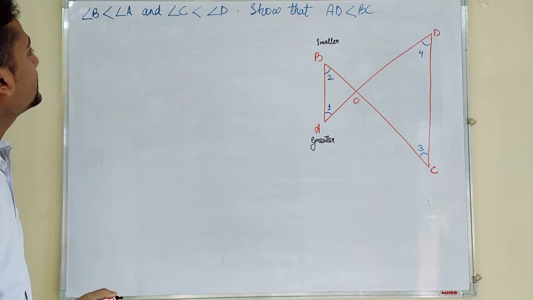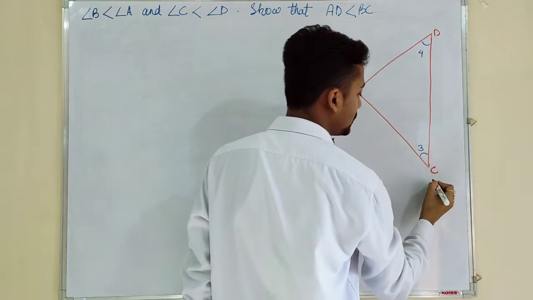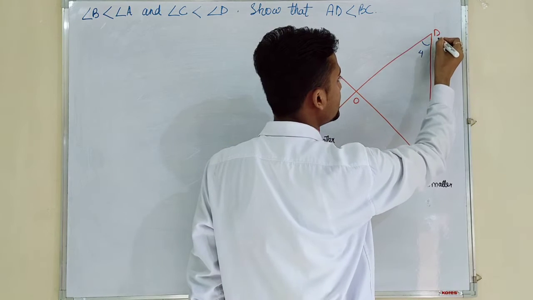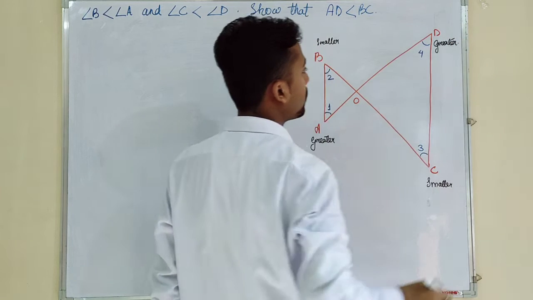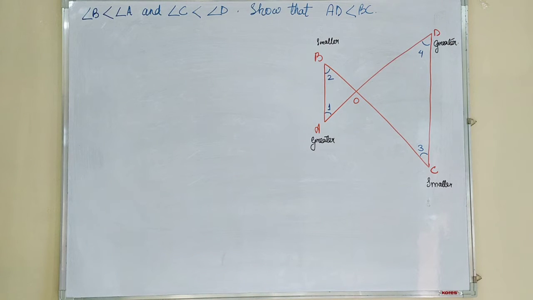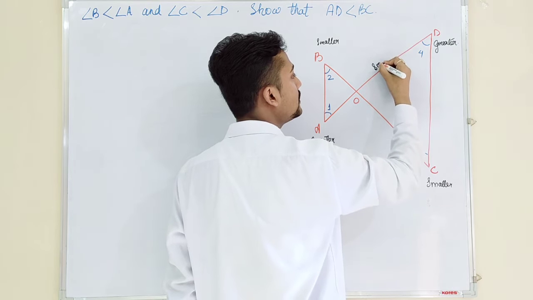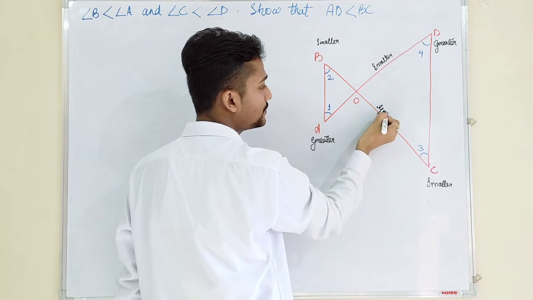And angle C is smaller than angle D. This is smaller, that means this is greater. Okay. So show that AD is smaller than BC. AD is smaller and this is greater. You have to prove.